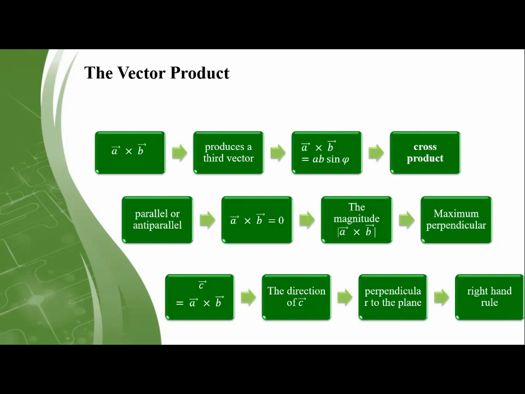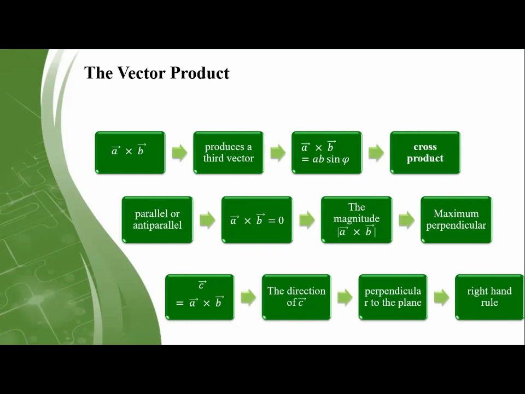If vector A and vector B are parallel or anti-parallel, A cross B is equal to 0. The magnitude of A cross B, which can be written as the absolute value of A cross B, is maximum when vectors A and B are perpendicular to each other.